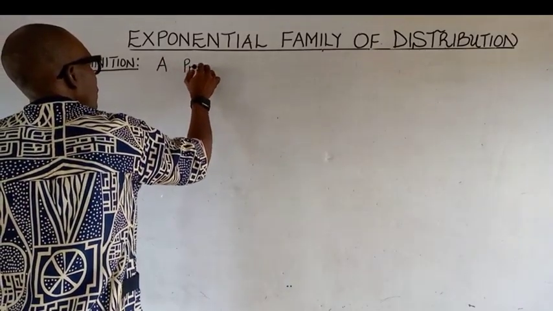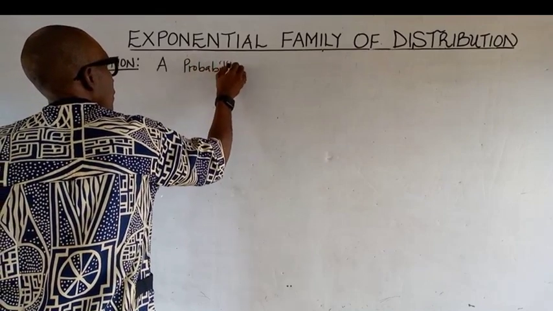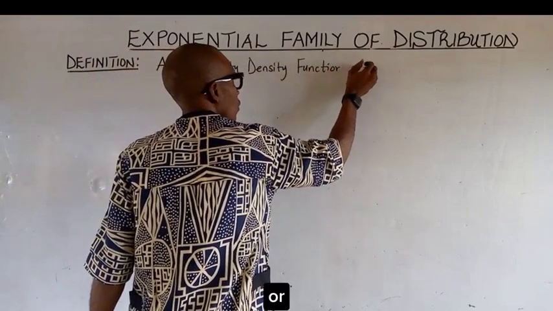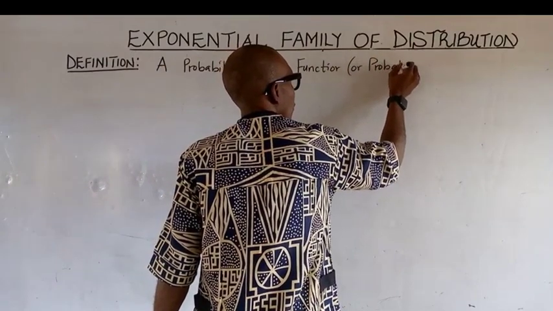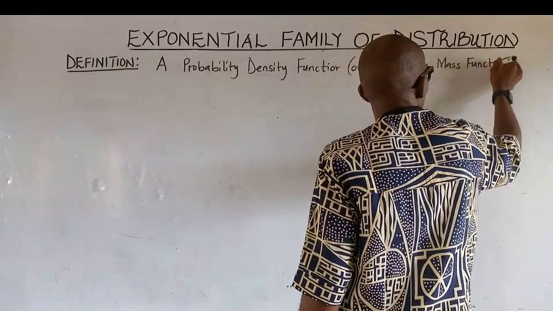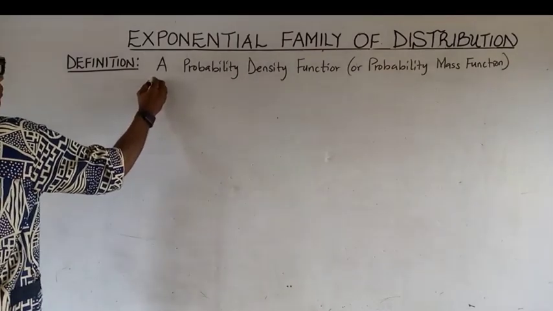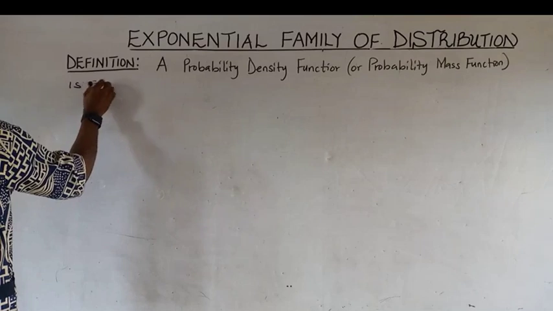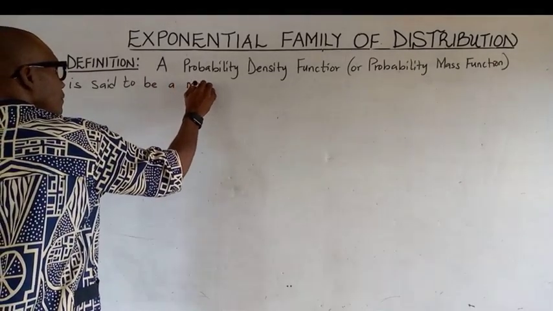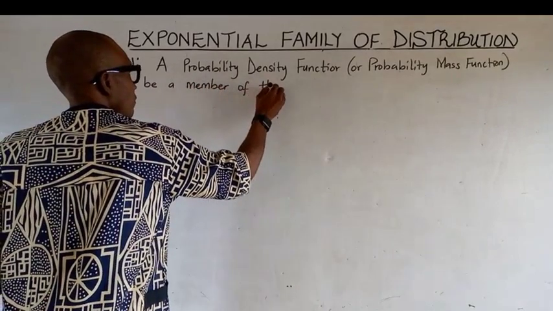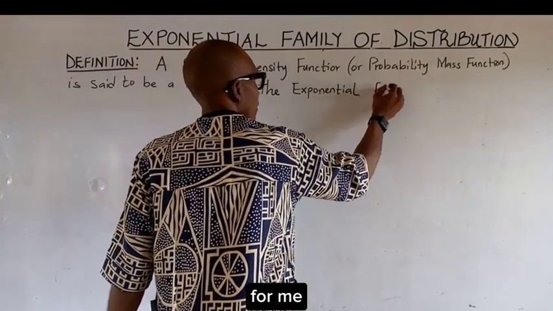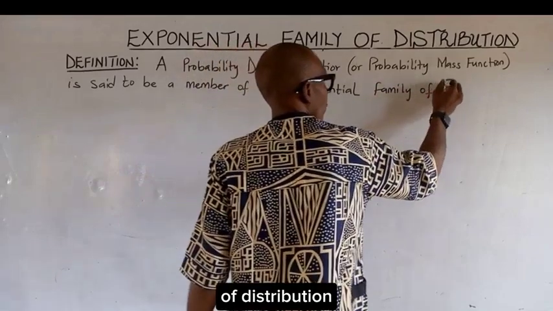A probability density function or probability mass function is said to be a member of the exponential family of distribution.